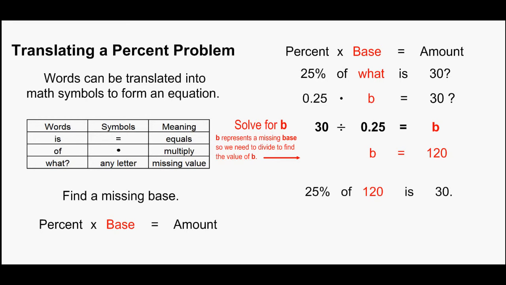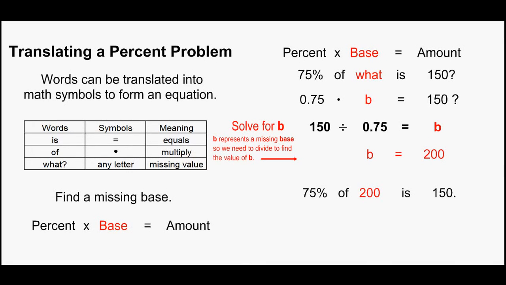Is equals our amount 30. We are missing a base. The base is a factor, so we will use division to find it. 30 divided by 25 hundredths equals B. B equals 120. 25% of 120 is 30.